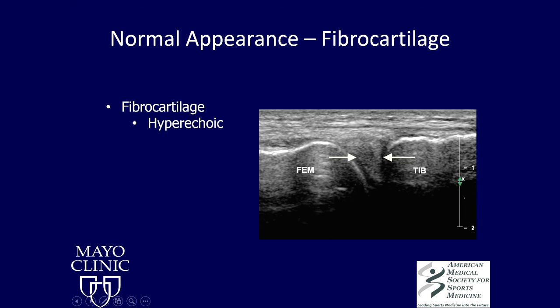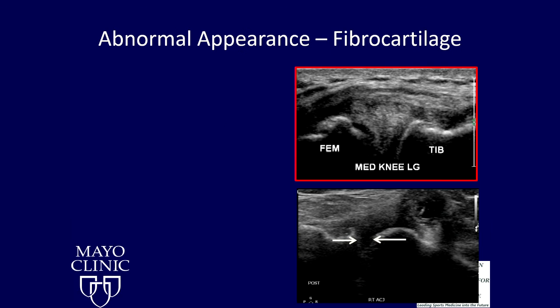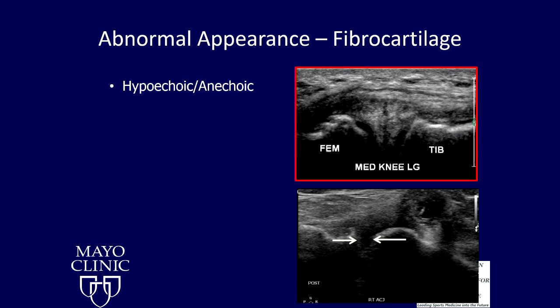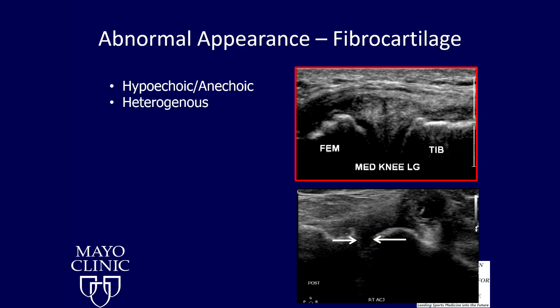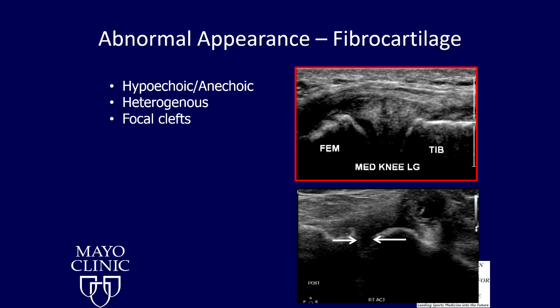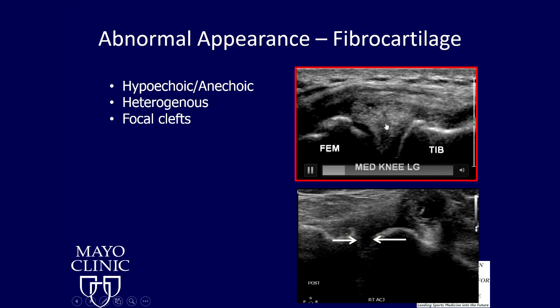Fibrocartilage, such as your medial meniscus or in the acromioclavicular joint, is typically going to be hyperechoic, granular in nature, and uniform. Whereas if you have pathology, such as somebody who has a medial meniscal tear, then you're going to see a hypo or anechoic cleft. It's going to be heterogeneous, so here you can see the tear in that medial meniscus.